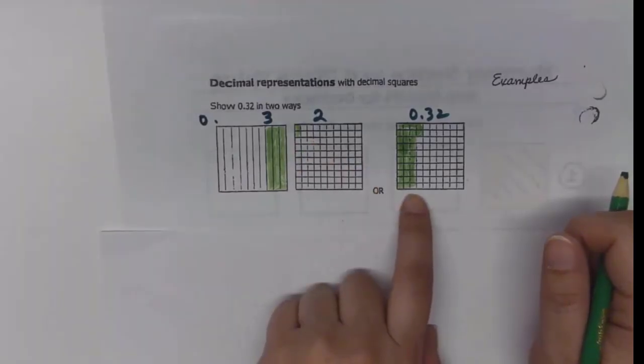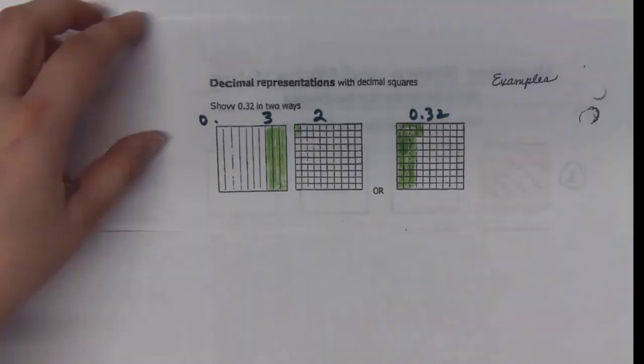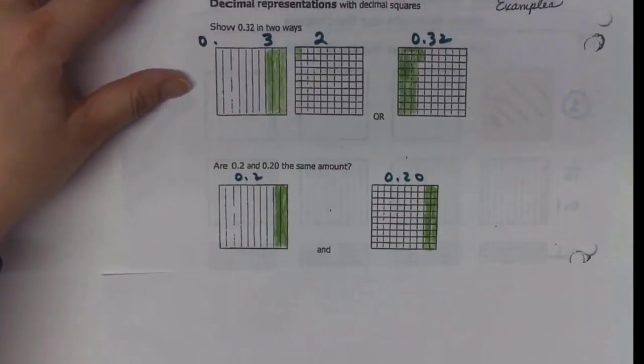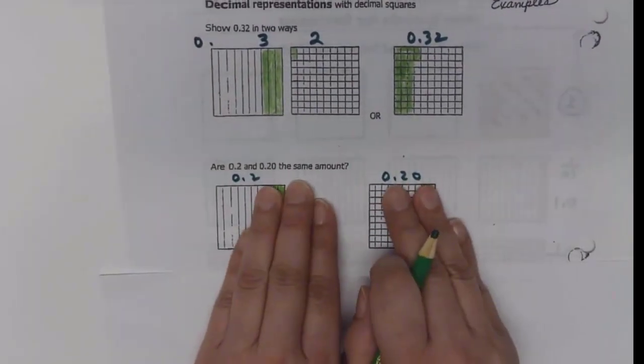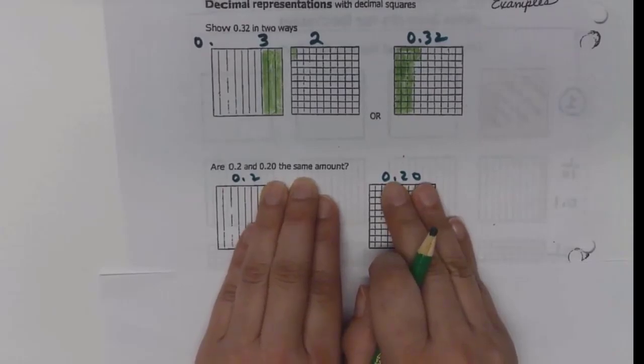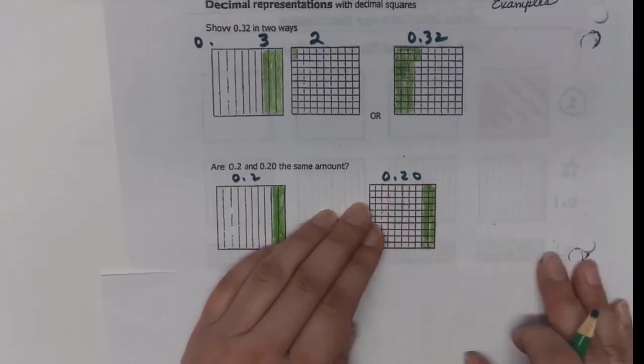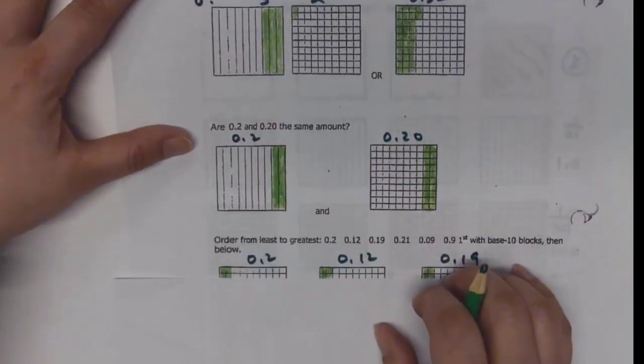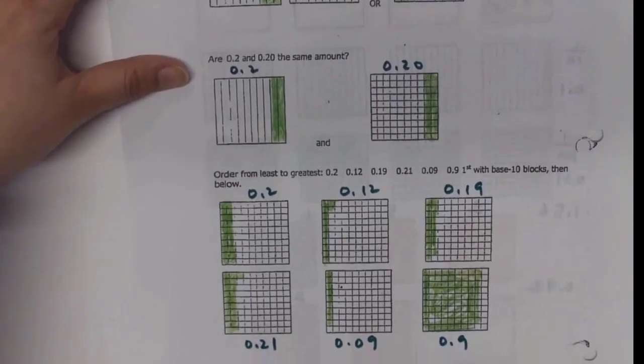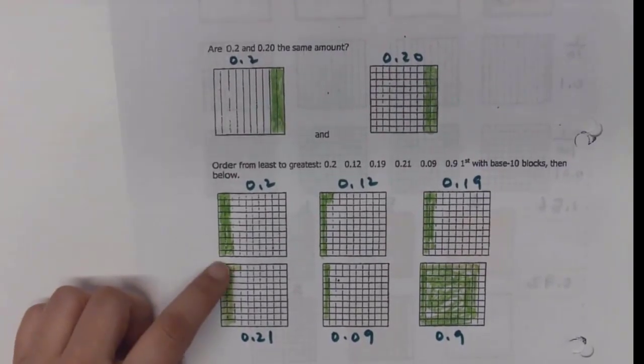And this one represents 32 hundredths, and they cover the same area, right? So they are equal. And the second one, for 0.2, we can shade in 2 longs for this one, and this one would be 20 units for the hundredths.